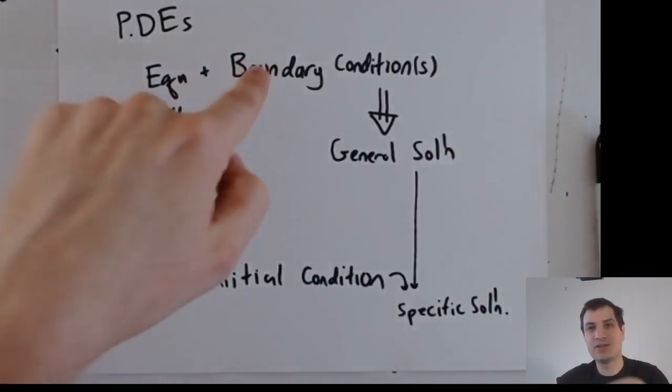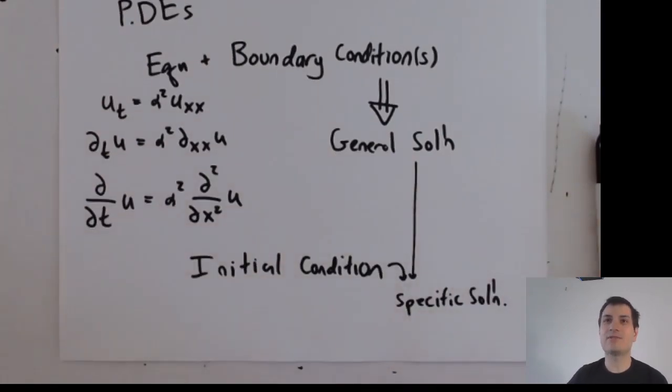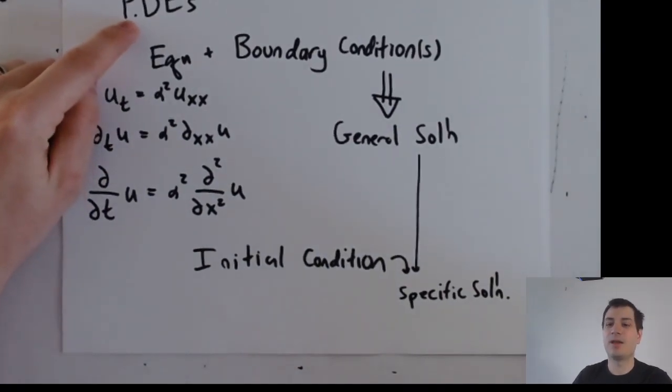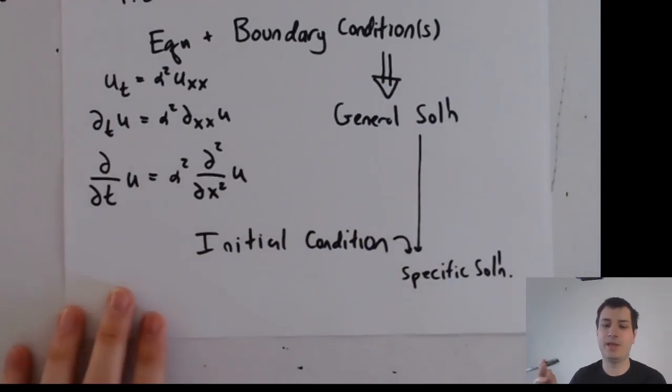Other than this new thing with the boundary conditions, everything we've learned about ODEs from chapter 3 onwards, like second order equations and 2x2 systems, we're going to do all the same tricks. It is different because it's this partial derivative thing, but really it's using the same kinds of things as before.